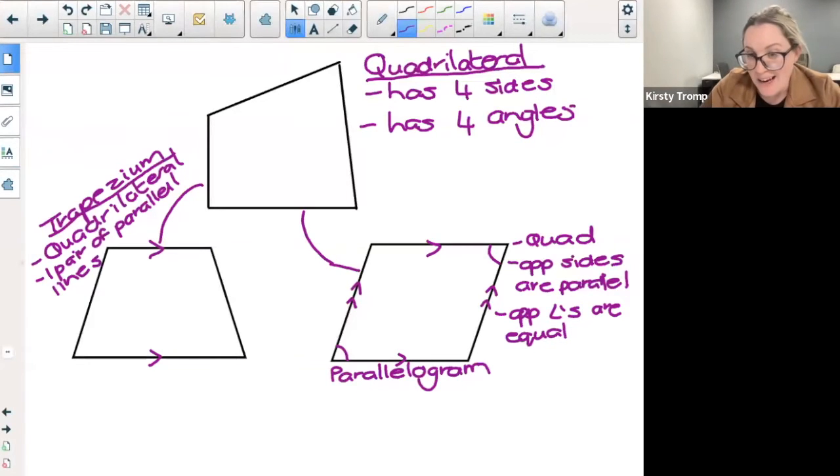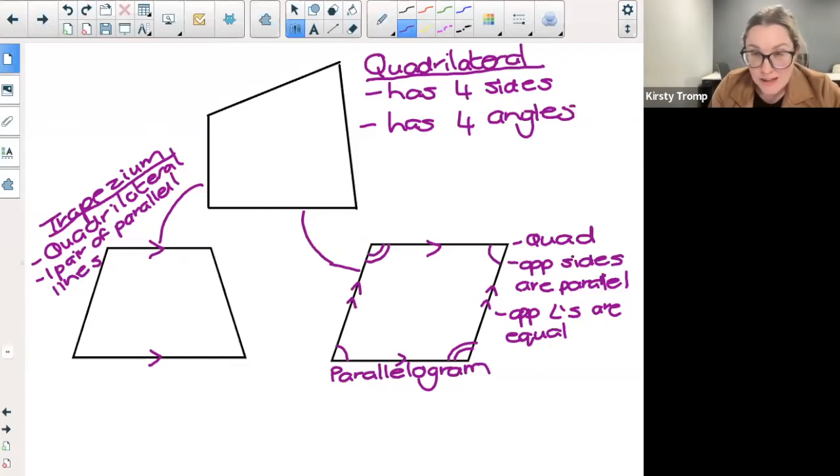So those 2 angles are equal because they are opposite. And this angle over here with 2 lines on it is going to be equal to this angle over here that has 2 lines on it. It's just a way of showing that those opposite angles are equal to each other.